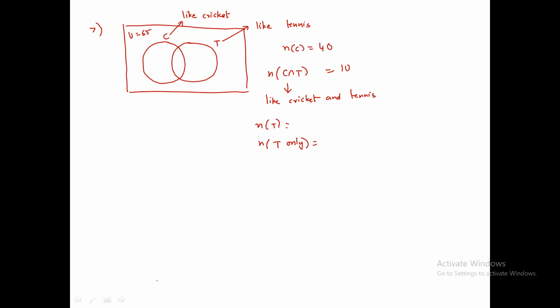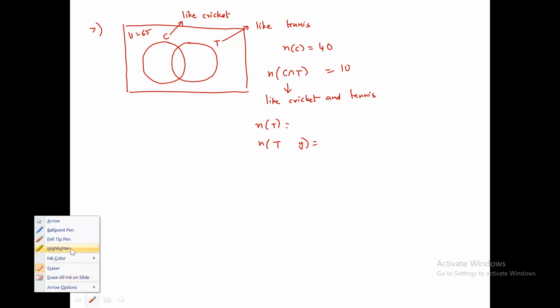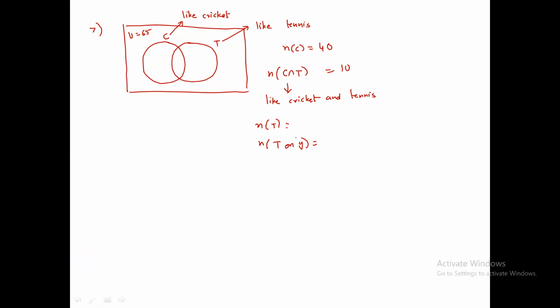Tennis only means they like tennis but not cricket. N of T minus C. Remember that. So this area is C minus T. This area is C intersection T. And this area is T minus C.